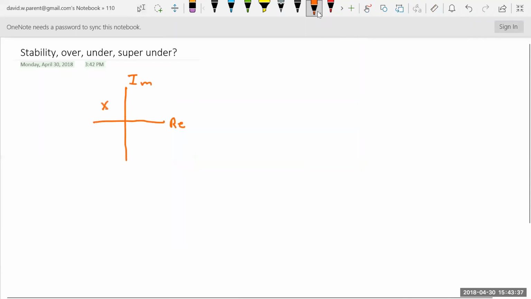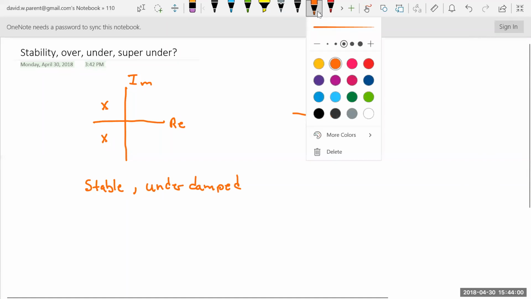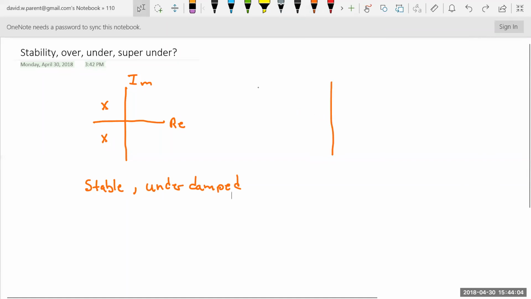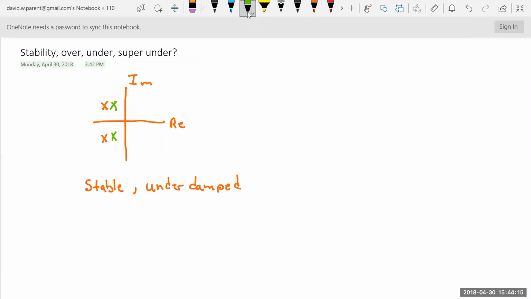I can have two poles out here, and it will be stable but underdamped, right? Stable, but more underdamped.